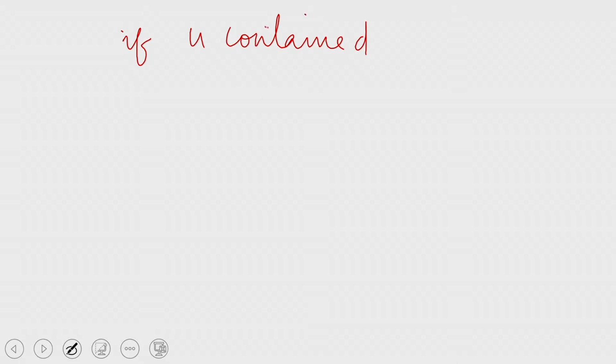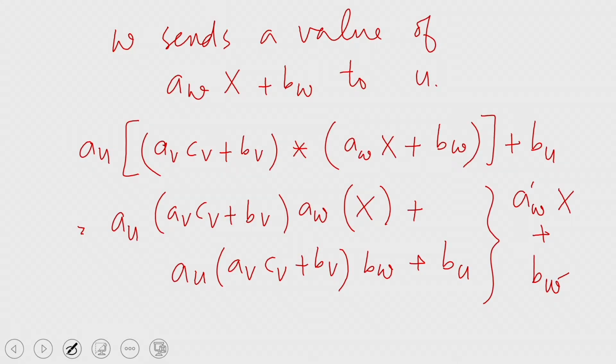On the other hand, if U contained the addition operation, then we would have a plus here instead of multiplication. At this point, we would be combining the values of V as well as W by addition, and then that result would be multiplied by AU and scaled and translated by BU before being sent up.